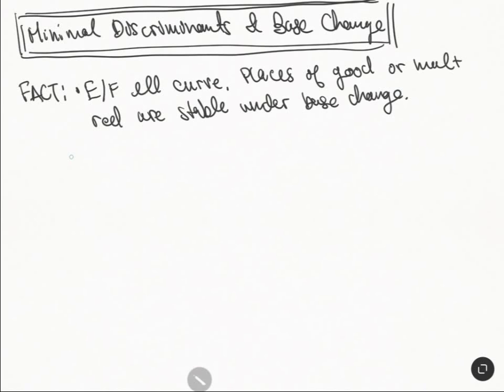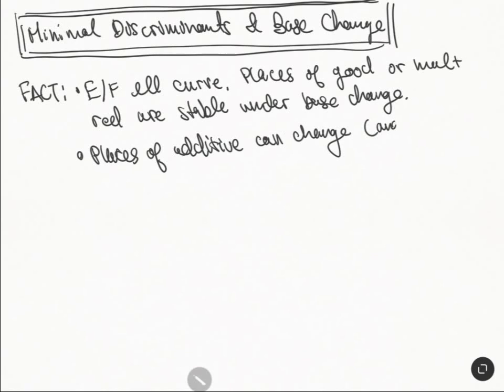It could be the case that places of additive reduction, I just want to remind you this, can change. And they will change under some extension to good or multiplicative, under some extension.